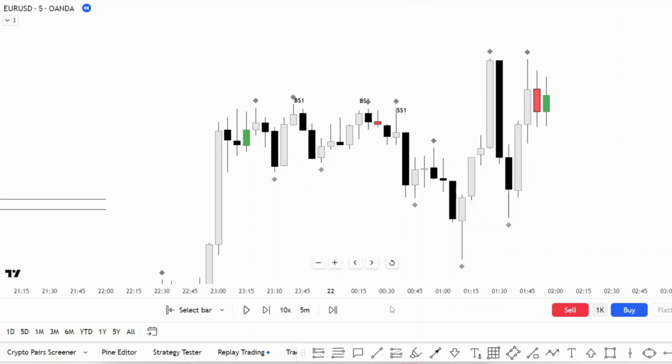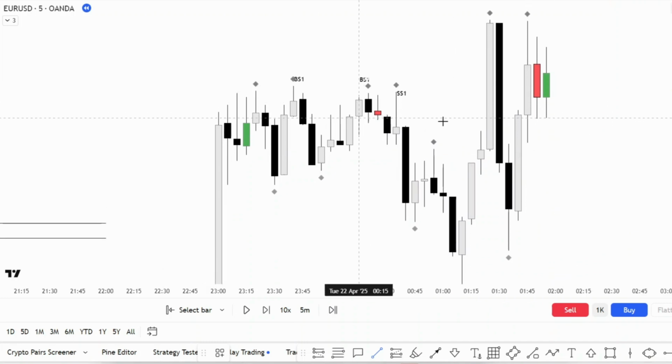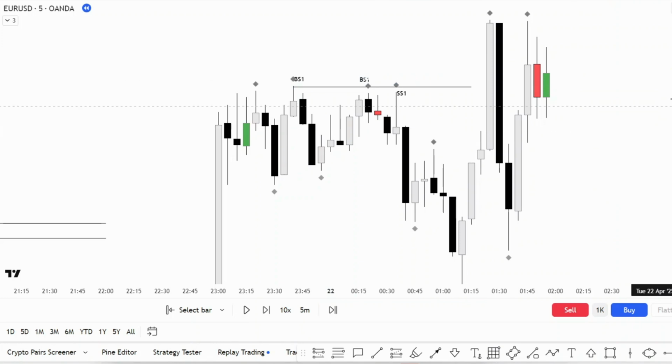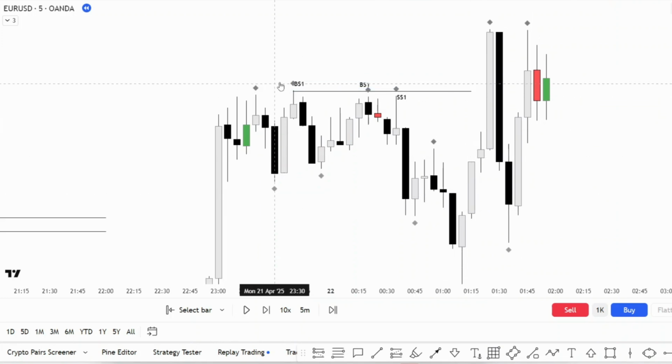So we now have this high. Where is the highest point and where are they coming to take? This becomes our highest point. Which participants are there? Buyers. So we need sellers to come and take out buyers.